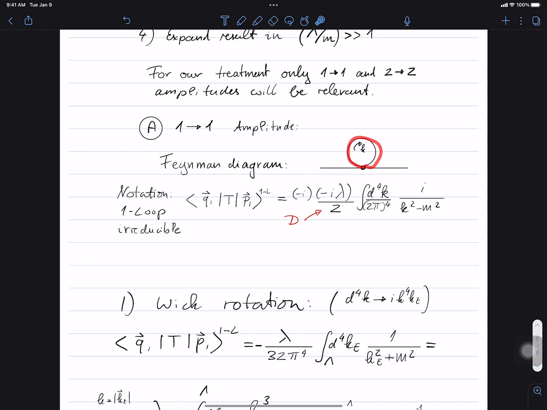That comes from this Feynman rule that we have a closed loop here, and we have a symmetry factor equal to 2, as we discussed before. So we divide by 2, and then we divide through by i, which gives us a negative i here, and then this is the integral expression that we need to consider for this 1-to-1 amplitude.